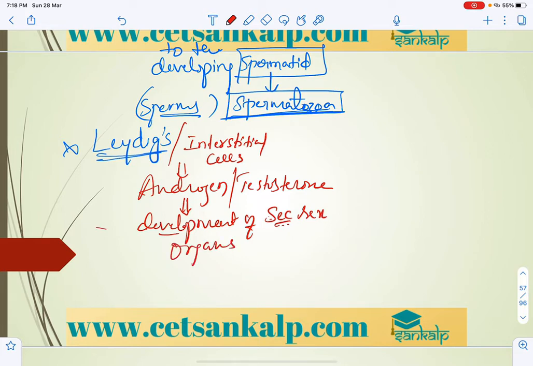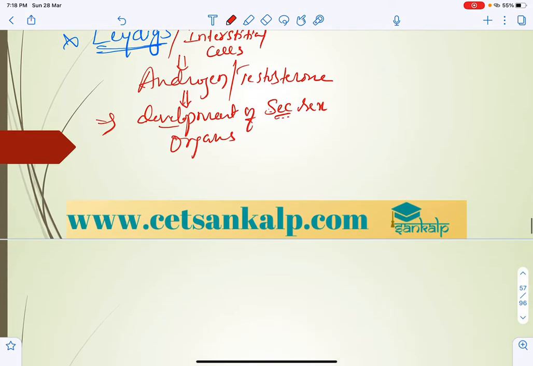The accessory ducts, that is vasa efferentia, vas deferens, rete testis, and along with that the epididymis. They also include glands: the seminal vesicle, the prostate gland and the bulbourethral gland.